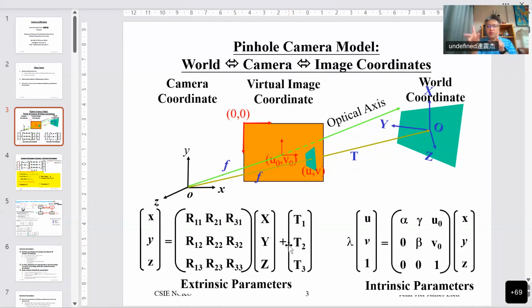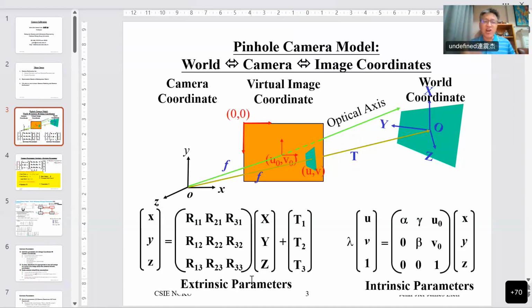That means you can either rotate first and then translate, or translate first and then rotate. Like this one, you can rotate it to align together, or you can align first and then rotate. Okay, so those are the extrinsic parameters.